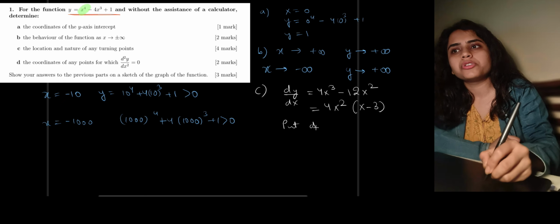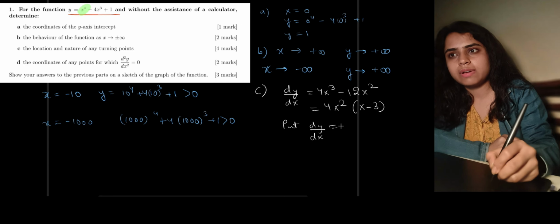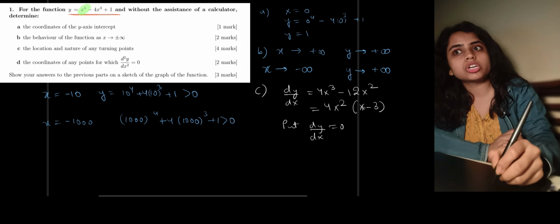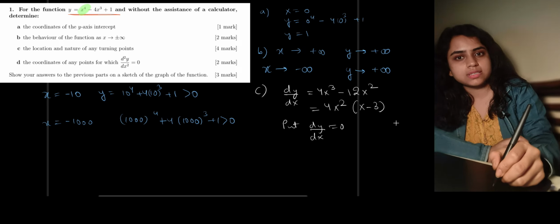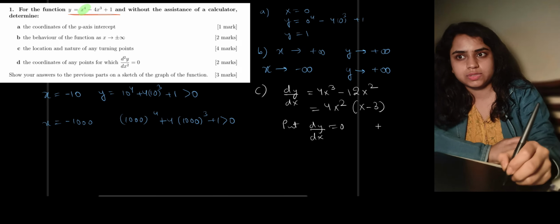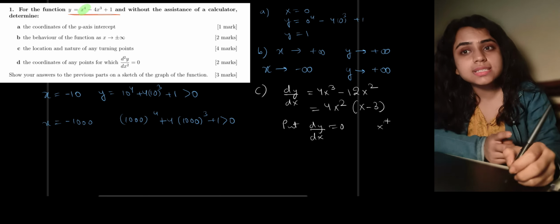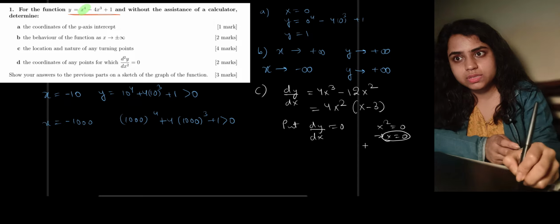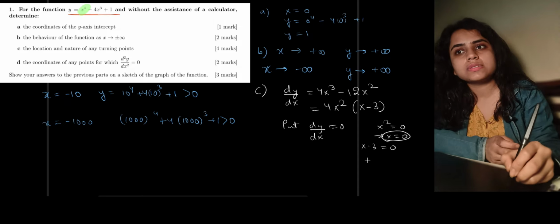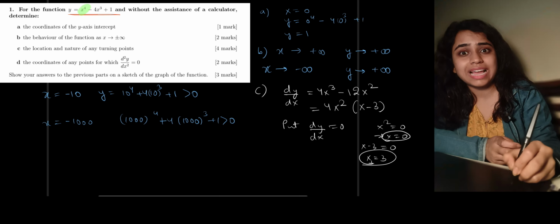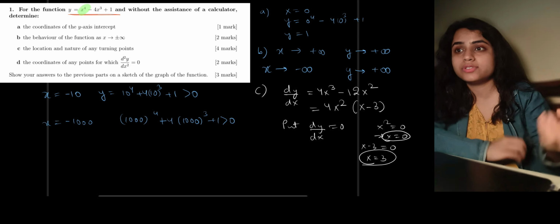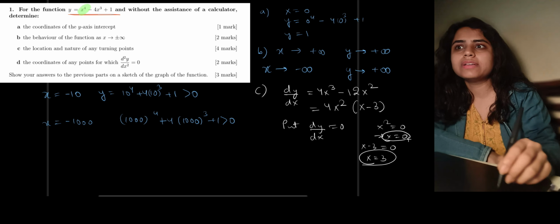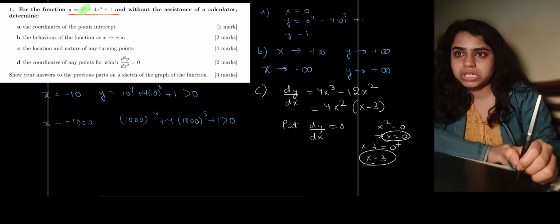Now put dy by dx as 0. The product of these is 0, so either x square is 0 or x minus 3 is 0. If x square is 0, x is equal to 0, or if x minus 3 is 0, x is equal to 3. So we have determined the location.